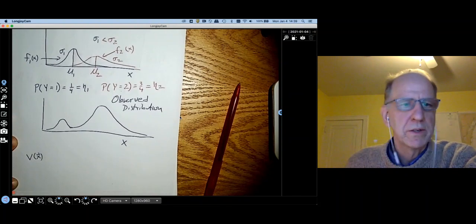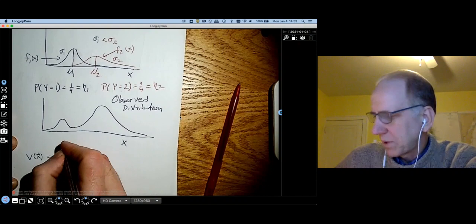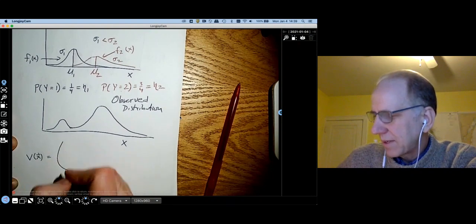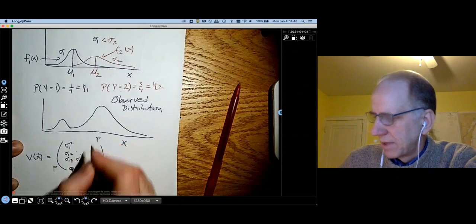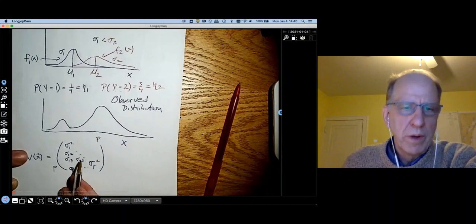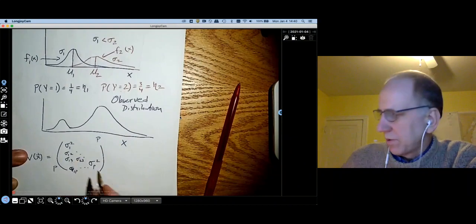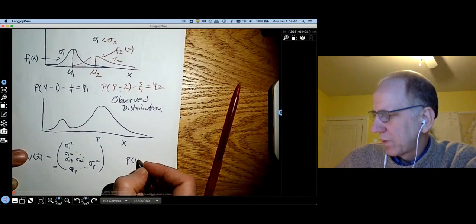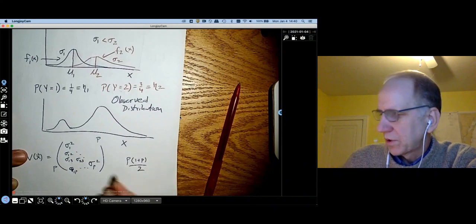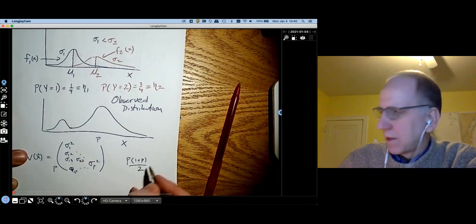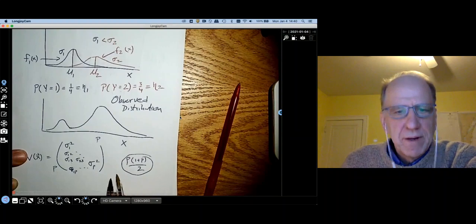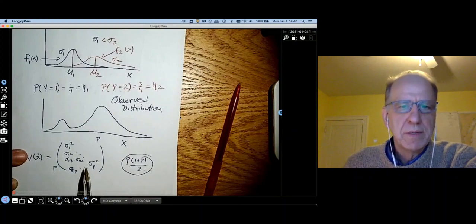X is a vector here, so this is going to be a p by p quantity. Notice I have p times (1 plus p) over 2 entries. So the number of variance terms that you have to estimate is going to grow very quickly with p.